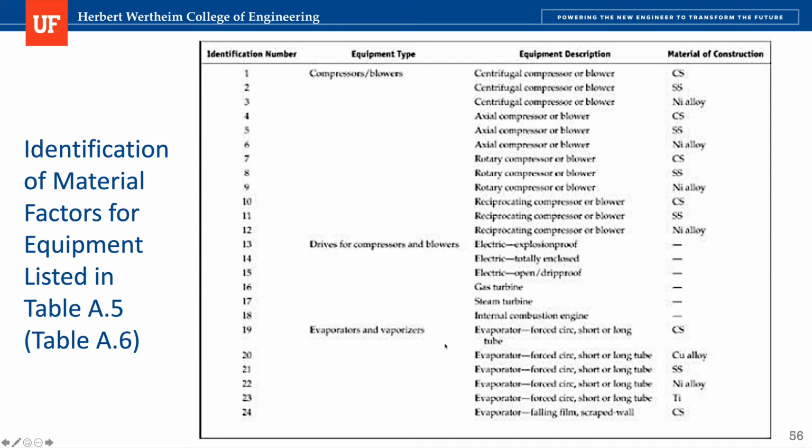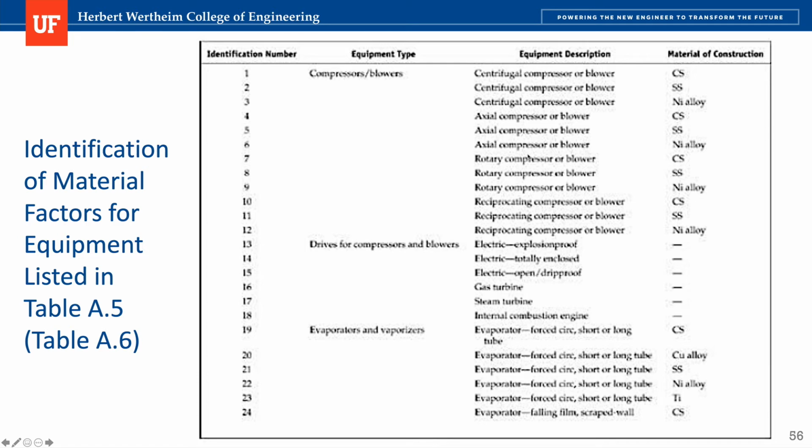Notice here, if I have an actual compressor or blower, these are all the equipment descriptions and also the materials of construction. If I have a compressor or blower that is made out of stainless steel, I notice that the identification number for that particular equipment is number 5.